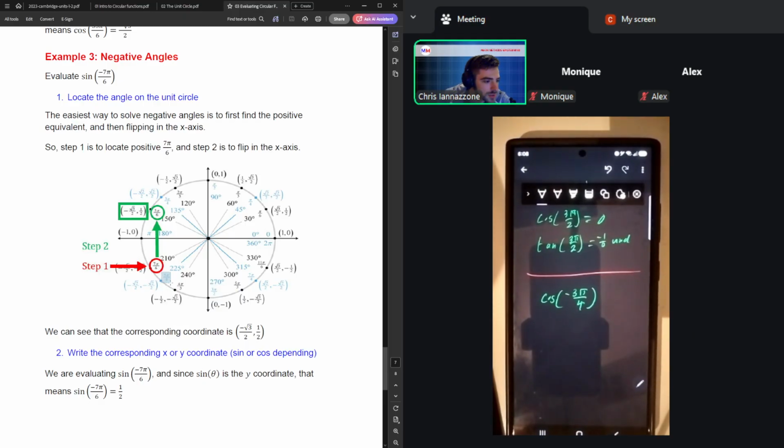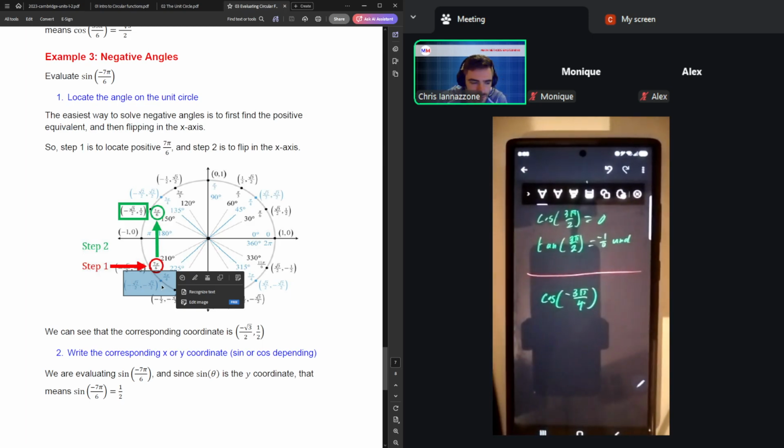So how you got there was one of two methods probably. You either just counted backwards the -3 pi on 4, so that would be -pi on 4, -2 pi on 4, -3 pi on 4, and that gets you there. Alternatively, you could have said, okay, I'm going to strip the negative off and look at the positive version, which is here, 3 pi on 4, and then because it was actually negative, I flipped downwards, and that would also get you there.